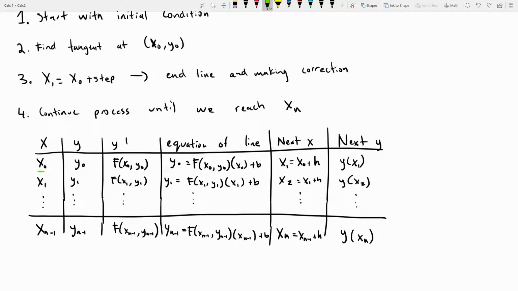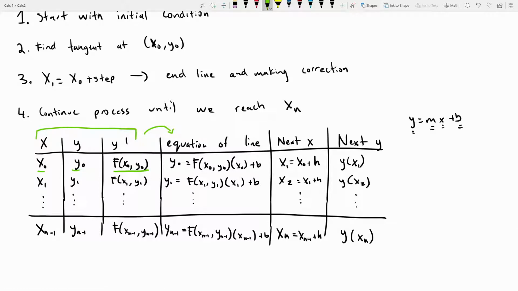So we start off with x0 and y0, and then here's the slope at that initial condition. We use these three right here to compute the equation of the line. The equation of the line is given as y equals mx plus b. m we have, x we have, y we have, so we simply compute b and find the equation of the line.